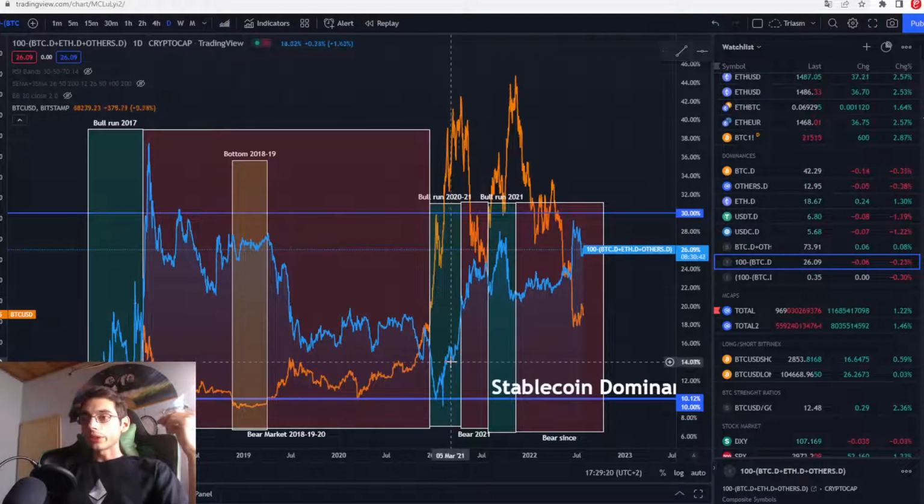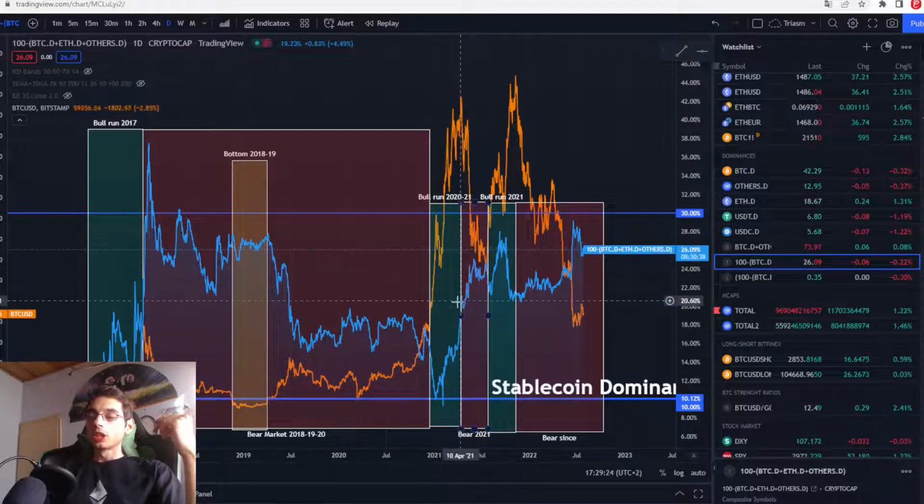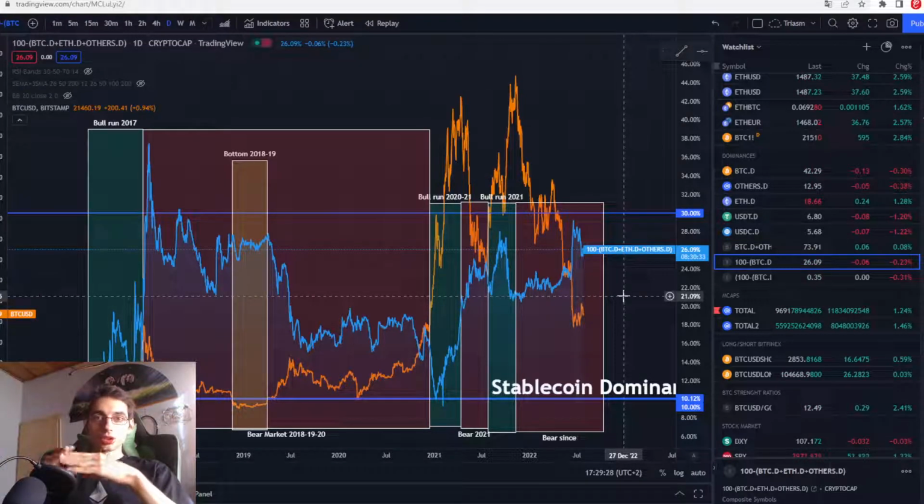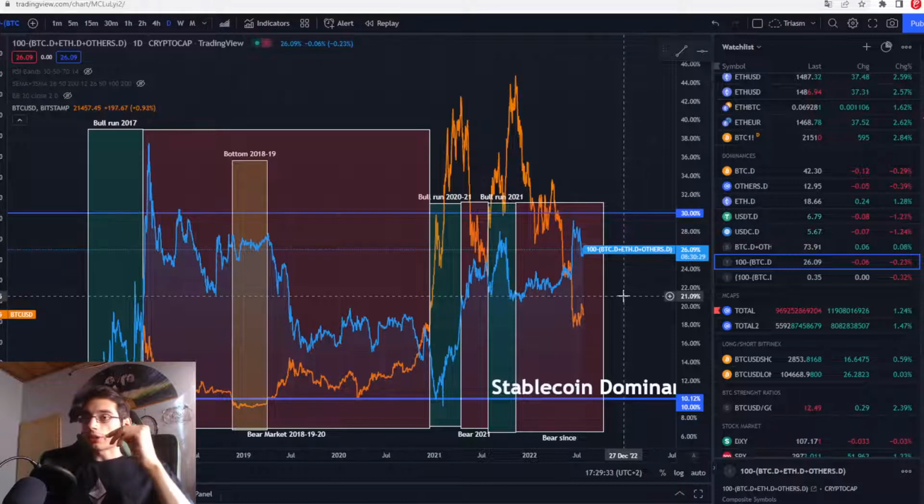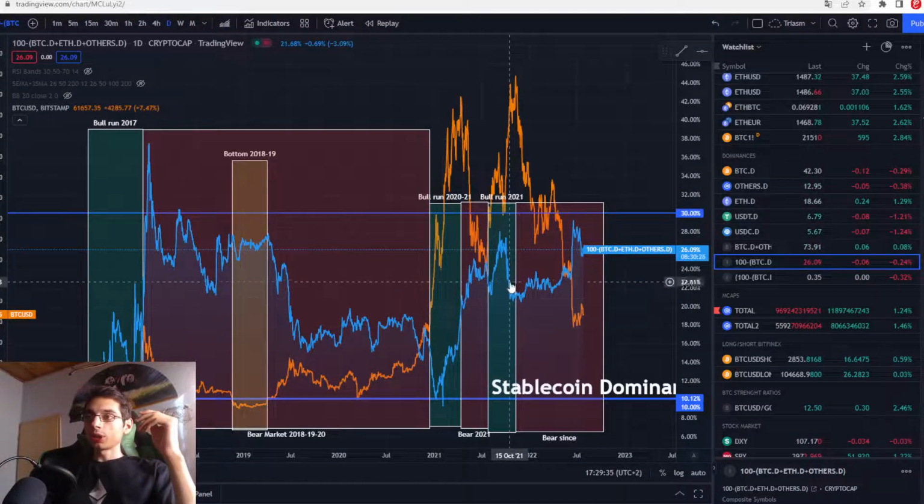So this huge influx of stablecoin dominance takes into consideration the influx of new entrants. But as you see, in the bear market we didn't back down.